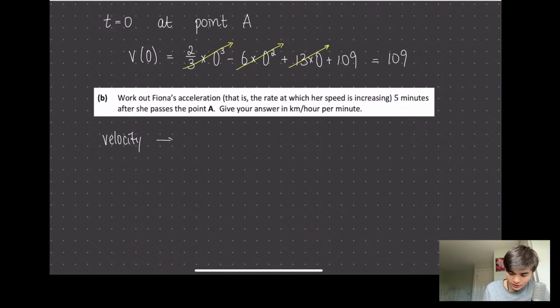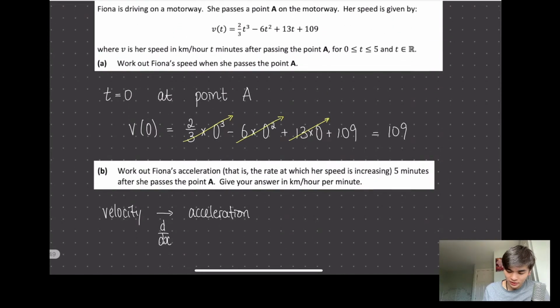So when we go from velocity to acceleration, that process is going to be differentiation. Okay, and if we take our formula v(t) and we differentiate that, we can write it as v dashed of t, which I've just said is equal to the acceleration, still going to be a function of t. And if we bring that power down and subtract 1 from it, we're going to get 2t squared minus 12t plus 13. So that's now our formula for acceleration.